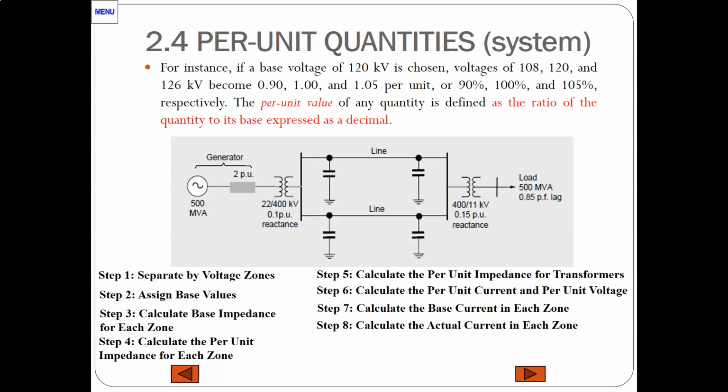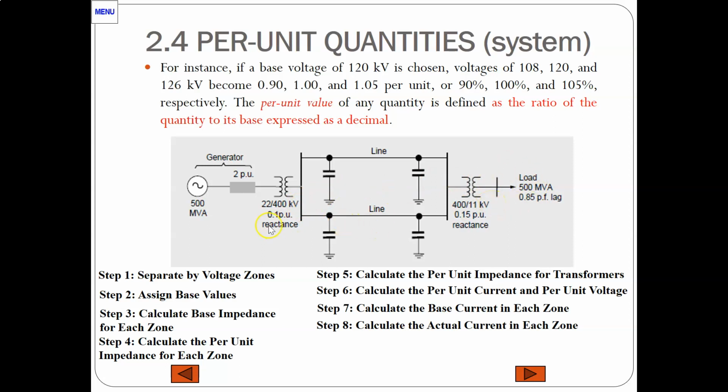But each zone will have a different base voltage. On this drawing you can see that at the generator you have 22 kV, on the high voltage side you have 400 kV, and on the load side you have 11 kV.